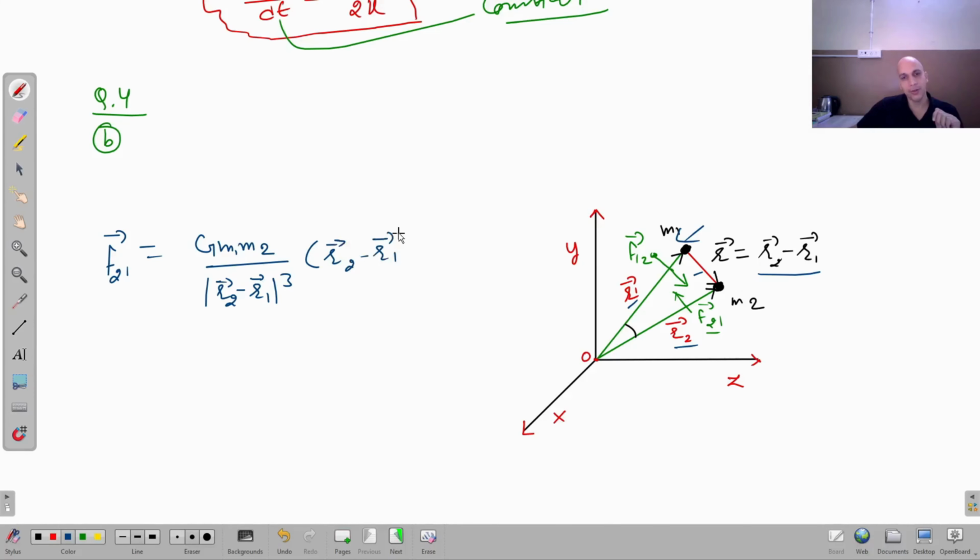This is according to Newton's law of gravitation. We usually write it as F equal to G m1 m2 upon r square, but in vector form we can write it in this way also. This is equation number 1.